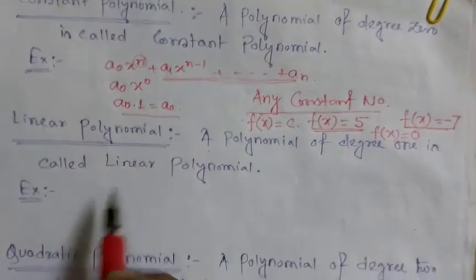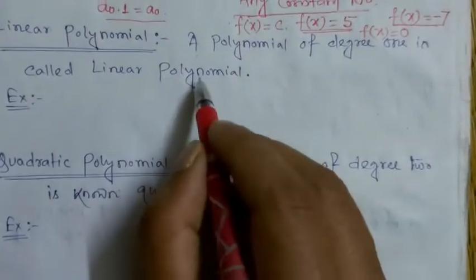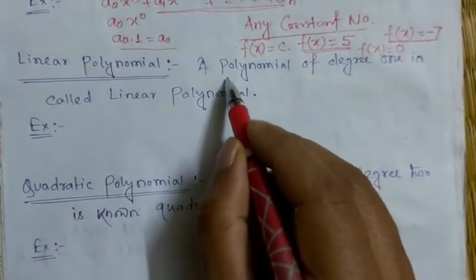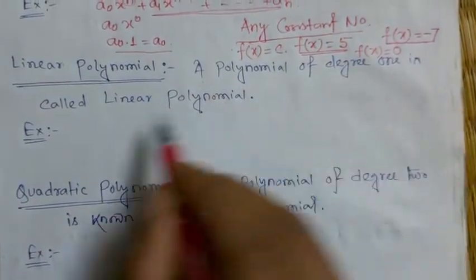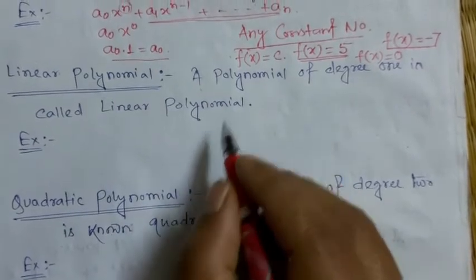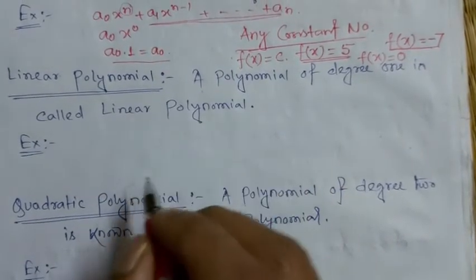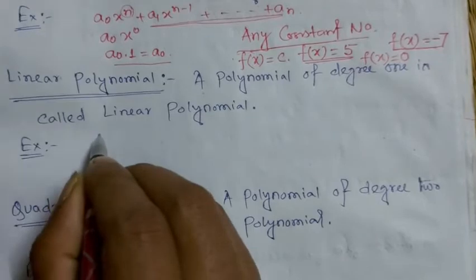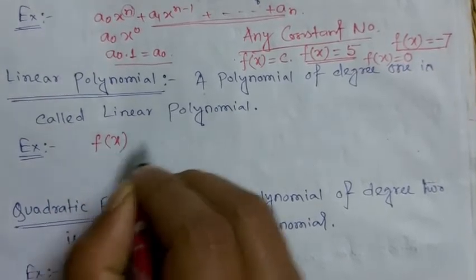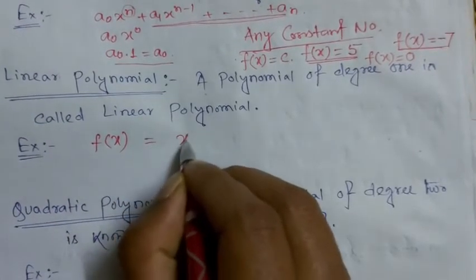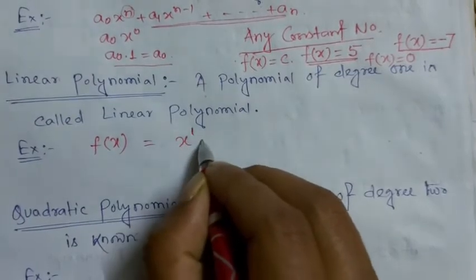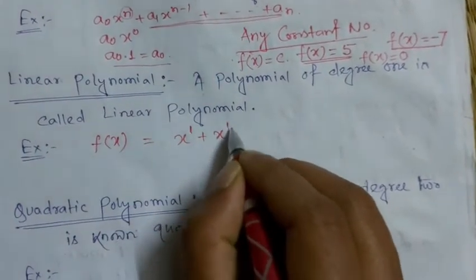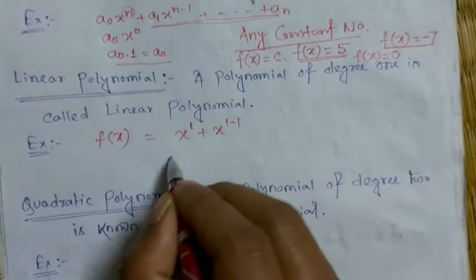Now the second one is the linear polynomial. A polynomial of degree 1 is called a linear polynomial. Degree 1 means x to the power 1 is the highest term, then x to the power 1 minus 1, that means 0, with any constant.